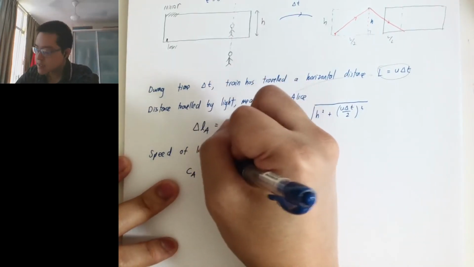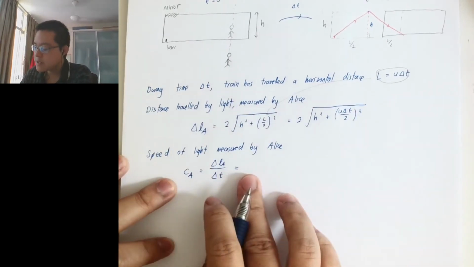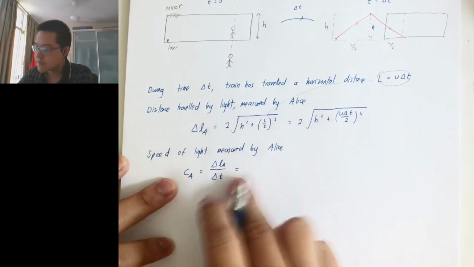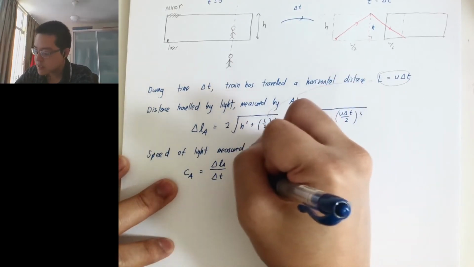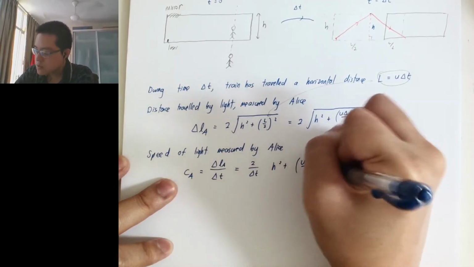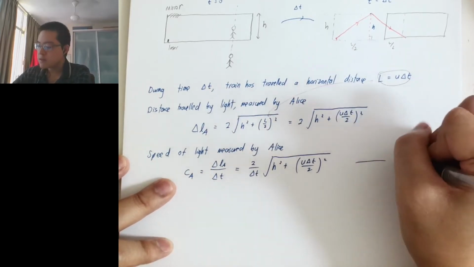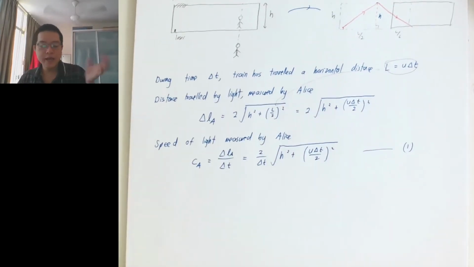Speed of light is the distance over time, right? So it's 2 over delta t times the square root of h squared plus (u delta t over 2) squared. Okay, so I got my first result. This is the speed of light measured by Alice.